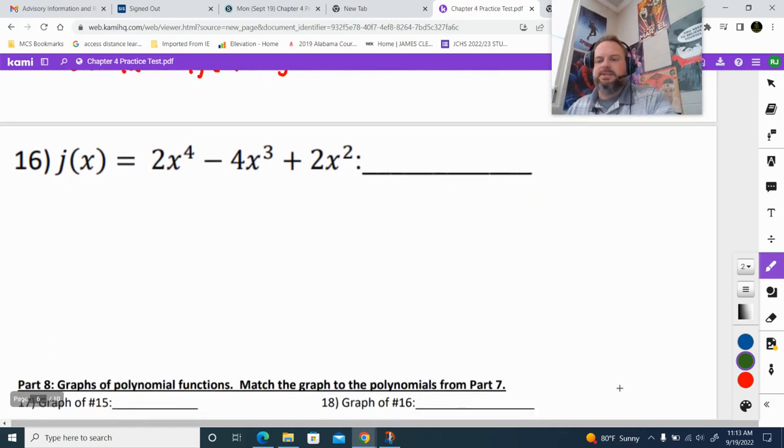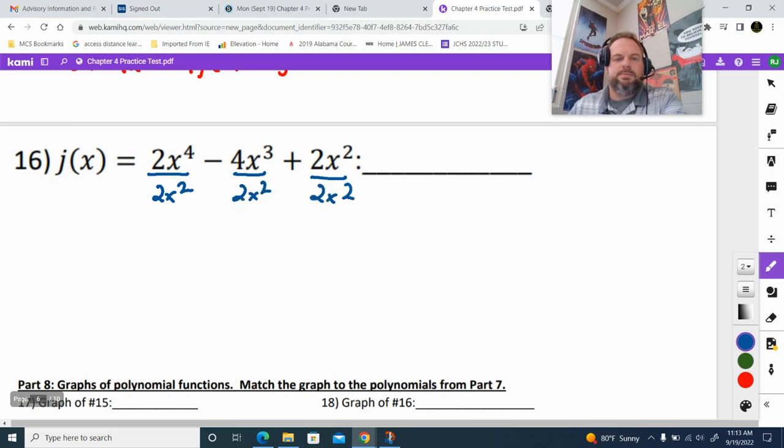All right, on number 16, again, I'd take out a GCF first. 2x squared. Well, this leaves me with x squared minus 2x plus 1.